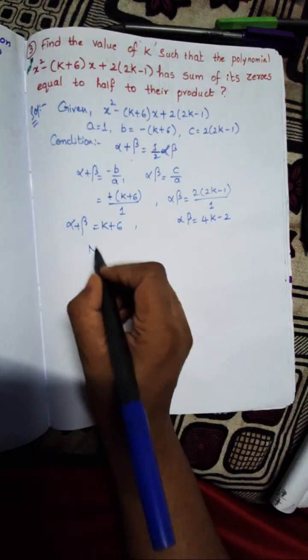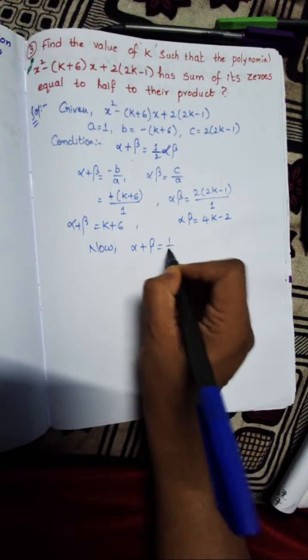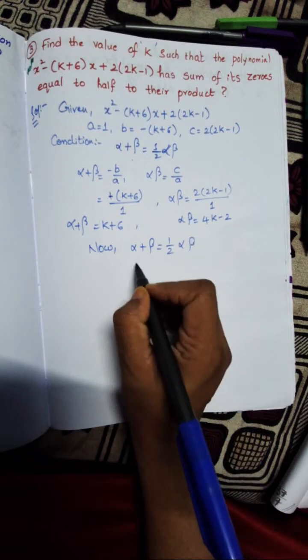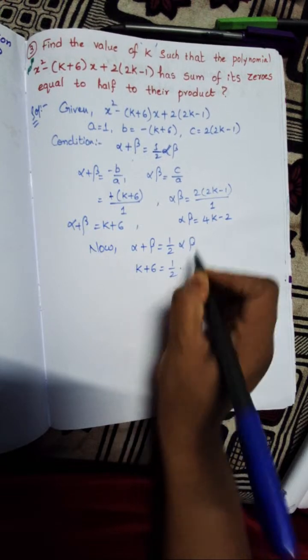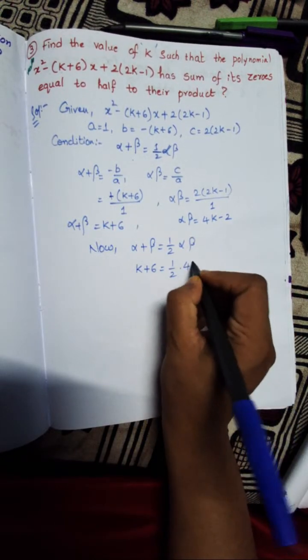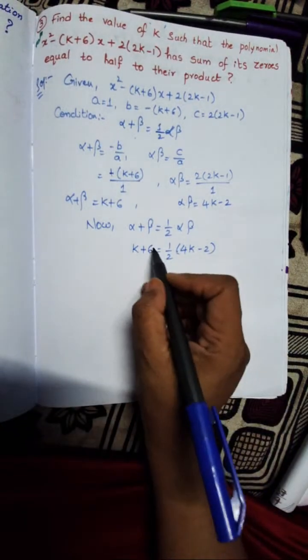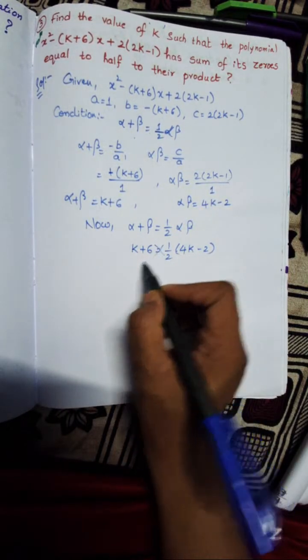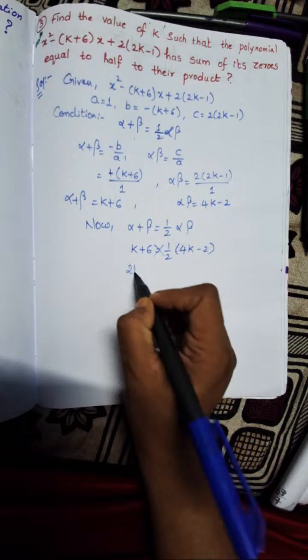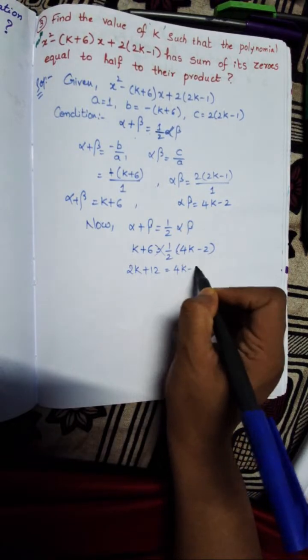So now alpha plus beta is equal to 1 by 2 alpha beta. Alpha plus beta means k plus 6 is equal to 1 by 2 into alpha beta, that is 4k minus 2, written in brackets. Now cross multiply: 2k plus 12 is equal to 4k minus 2.